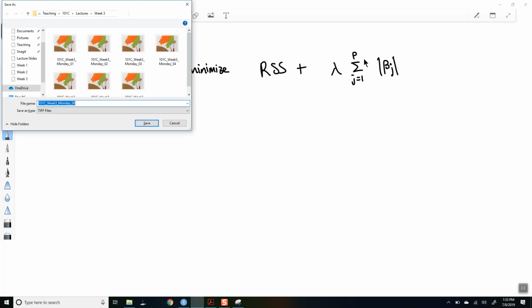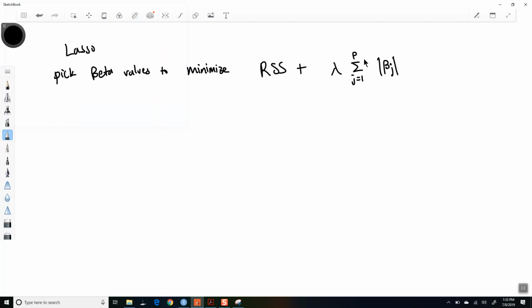So it looks very similar to ridge regression, but now we're using absolute values, okay? And surprisingly, this has a significant difference in the effect of what happens, okay? So ridge regression says, I really hate it when betas get really big, okay? Lasso just says, I hate everything, okay? I like it when beta is 0, okay?